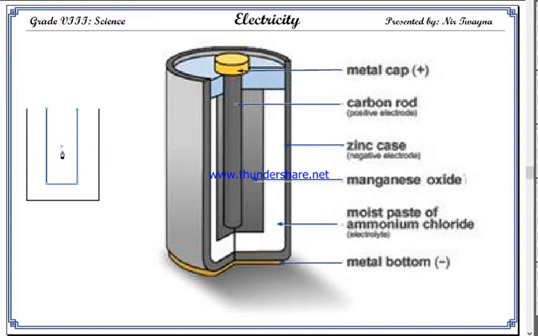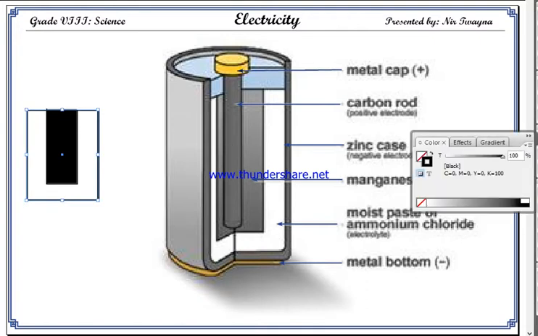Okay, a muslin cloth is kept, and the muslin cloth is filled up with a black powder of manganese dioxide, whereas outside the muslin cloth, the space between zinc container and muslin cloth, this space is filled with white colored paste of ammonium chloride.